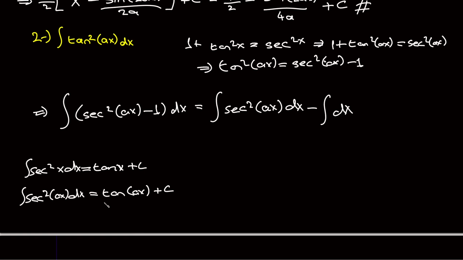Of course, this is over a, because first you differentiate outside and then inside there's an extra a, so you need to divide with it. Therefore, the answer is tan of ax over a minus x plus c.